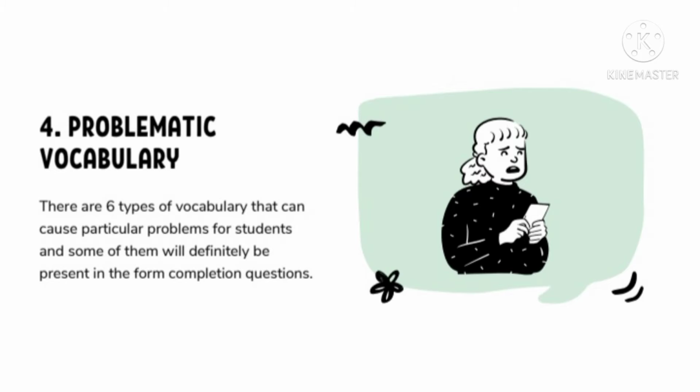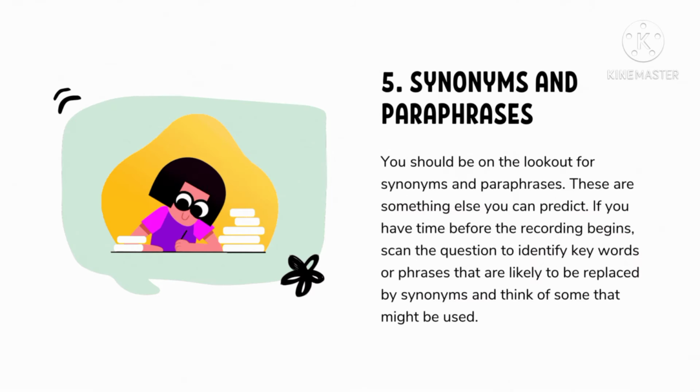The 6 types are time, numbers, prices, dates, letters, addresses. You should be able to recognize them in speech and write them correctly in your answers.